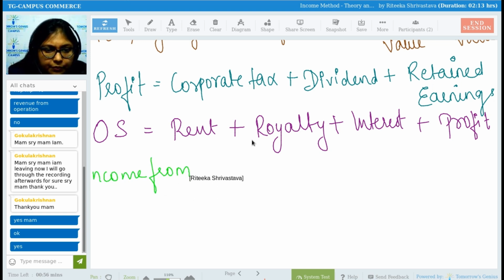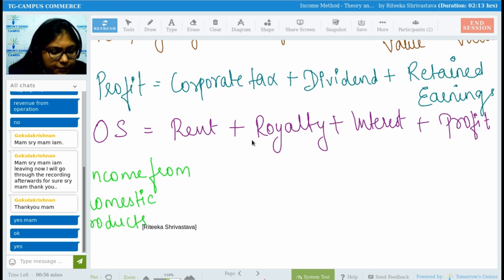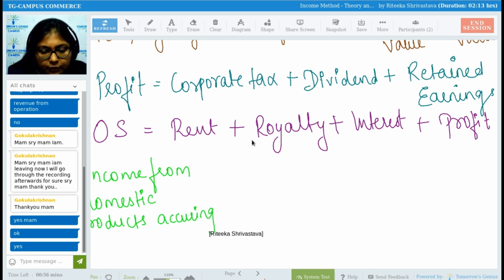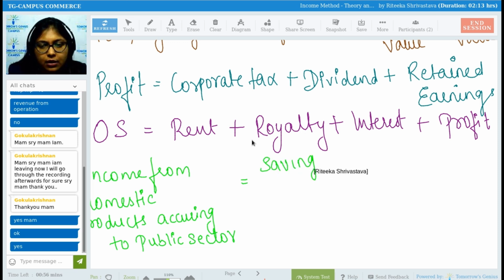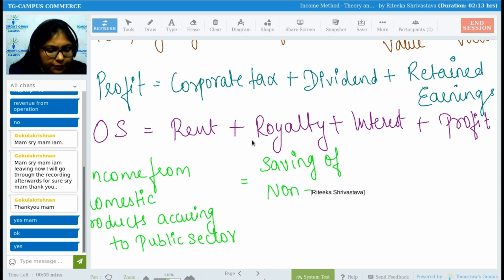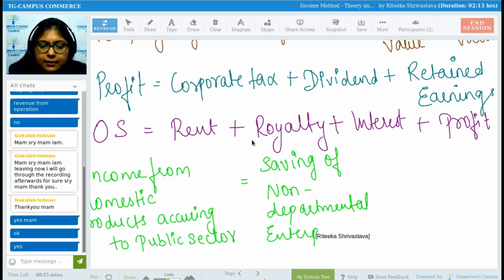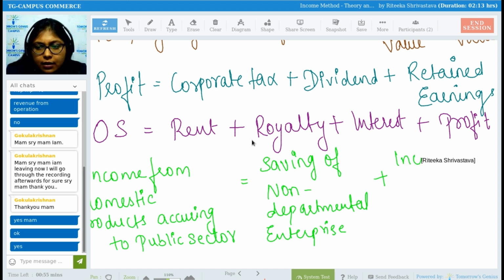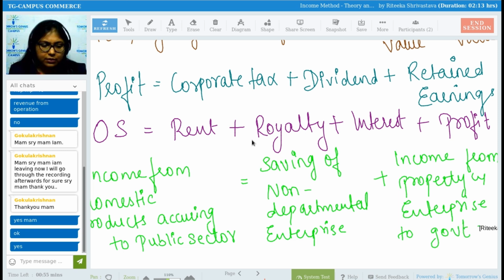Income from domestic products accruing to public, that means government sector, is equal to saving of non-departmental enterprise plus income from property and enterprise to government.